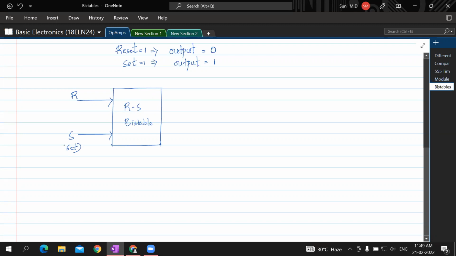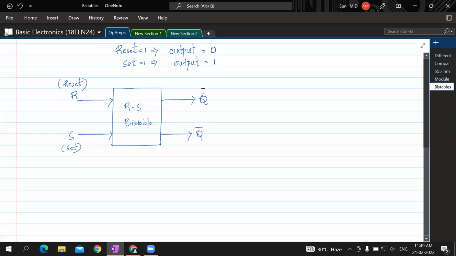So this is set and this is reset. And it has two outputs, Q and Q bar.